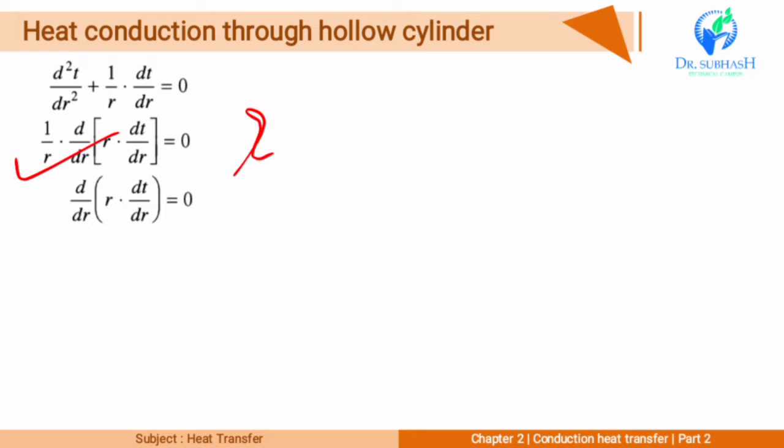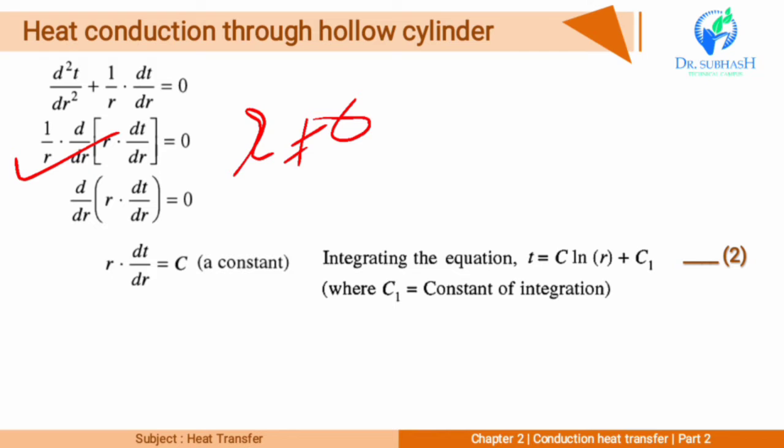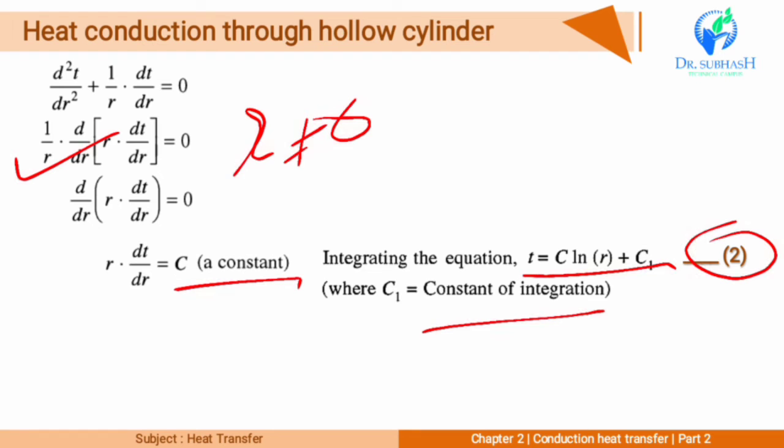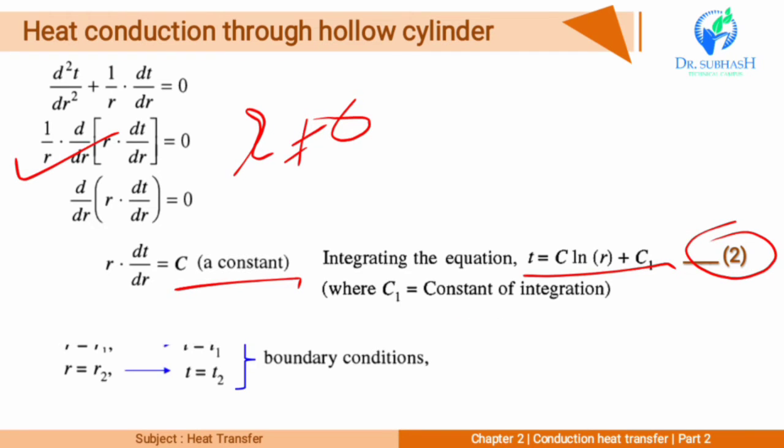Since R does not equal 0, d by dr of R into dT by dr is equal to 0. By integrating this equation 2 times, we get R into dT by dr is equal to C after the first integration, and by second integration we get T is equal to C into ln R plus C1, say equation number 2. Here C1 is the constant of integration.